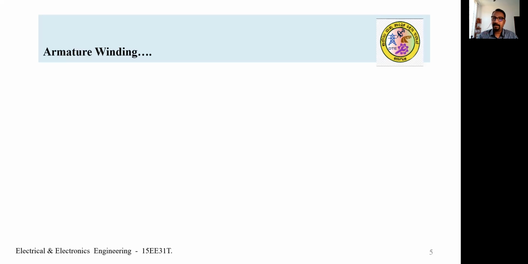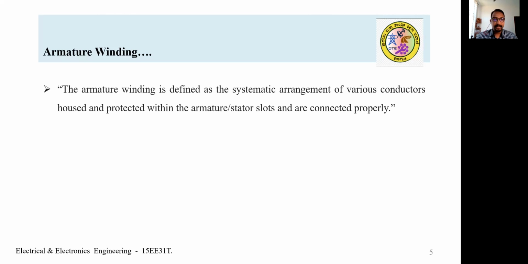That means we cannot place all the conductors wherever we want. There is a systematic procedure to place all the conductors in the various slots of the armature. That procedure of placing the conductors in the slots of the armature or the stator is called an armature winding. And that is the definition.